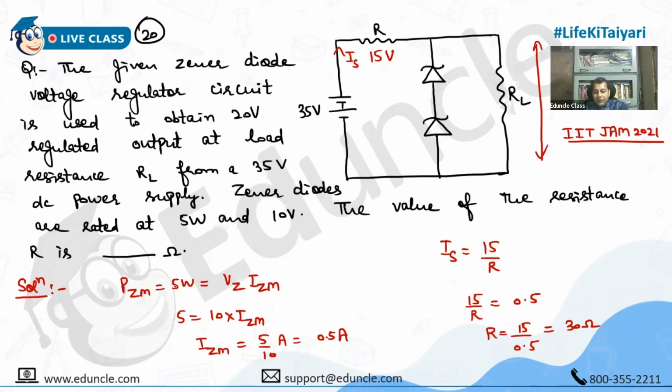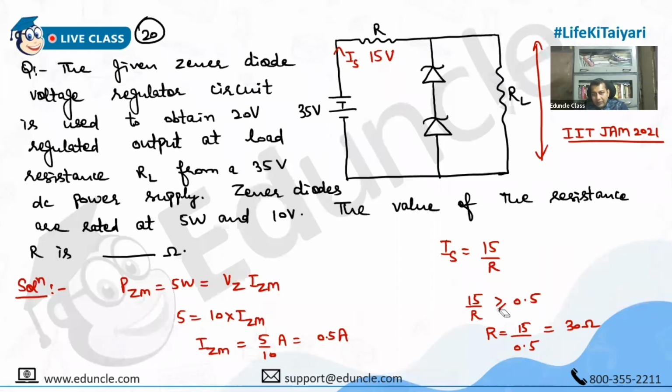In one of the previous questions, you might have noticed that I have taken Iz max to be equal to Is, na? Yes, sir. So that's what I have done over here also. I got the value of Iz max and Is also, and then I equated them to get the value of R. Means actually this factor will be greater than or equal to, we can say.